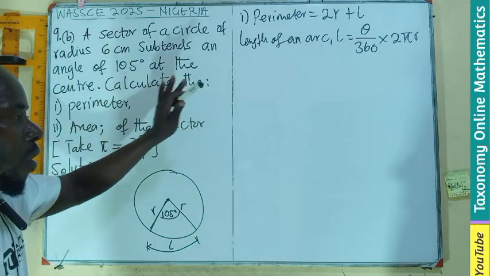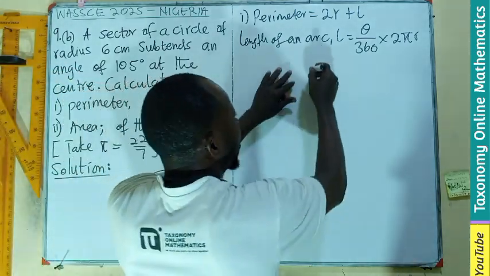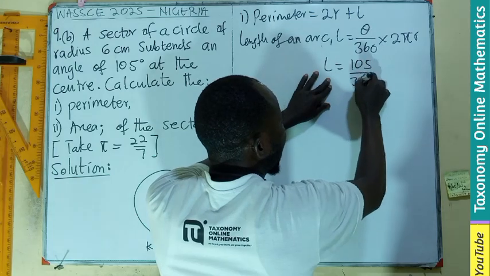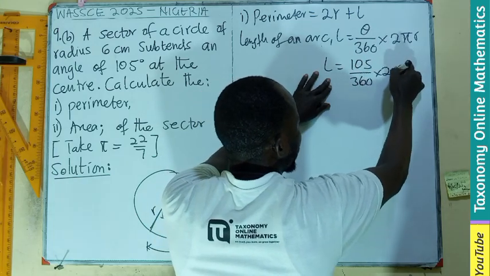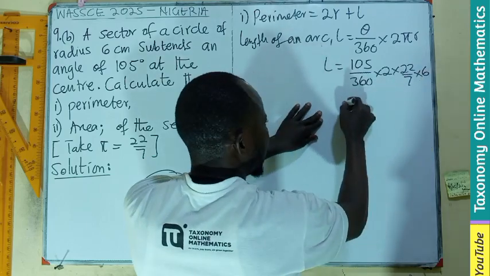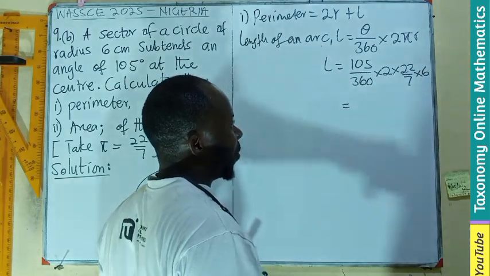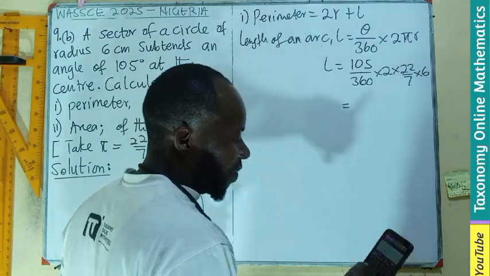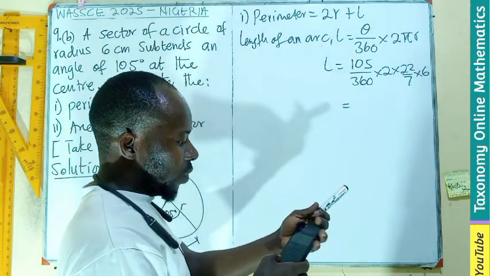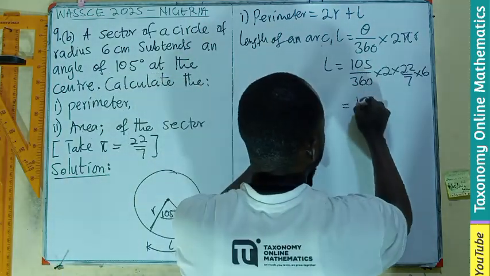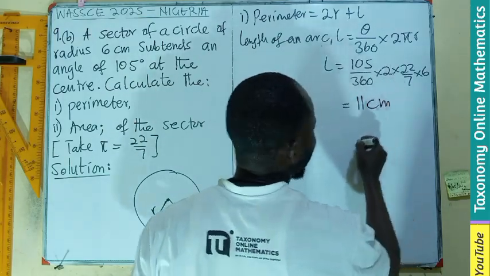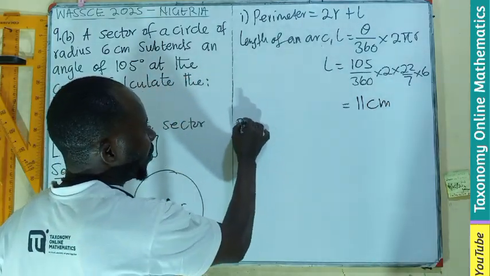So with all the information being provided, your length will now be 105 divided by 360, times 22/7, times 2, times 6. Let's put all that in a calculator and see what the value is going to be. If you do that, you should have a total of 11. We are dealing with centimeters. So 11 centimeters.